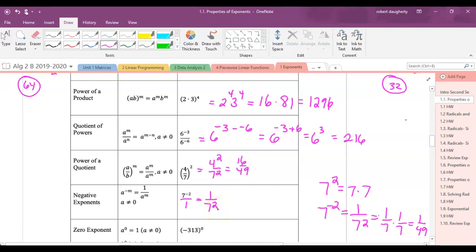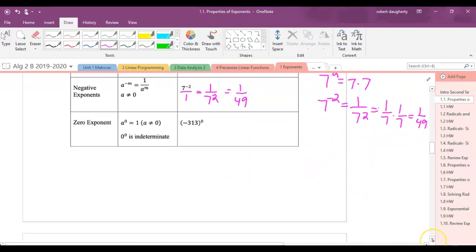To make that negative exponent positive, wherever I find it, I move it to where it's not. If I find it in the top of the fraction, it becomes a positive exponent when I move it to the bottom. What if I found the negative exponent in the bottom of a fraction? It would become positive when I move it to the top. So this one is just 1 over 49.